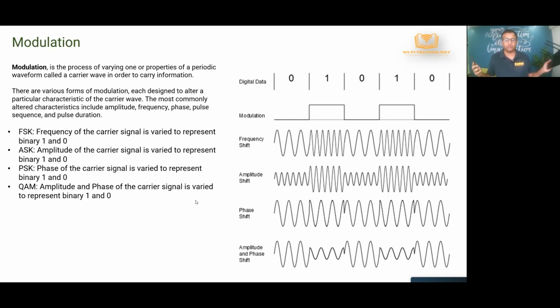The transmitter says, I'm going to send information at a higher frequency, and that would represent a 1. If I'm sending information at a lower frequency, that would represent a 0. That is the agreement between the transmitter and receiver. Then, if the transmitter sends a signal at lower frequency, the receiver will receive that and say, okay, this signal is at lower frequency.